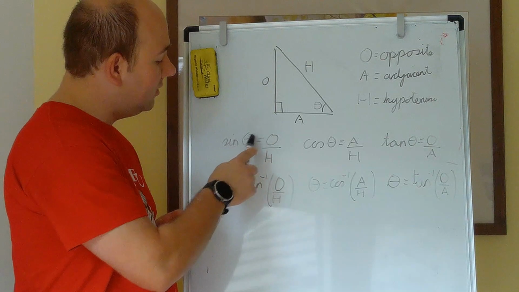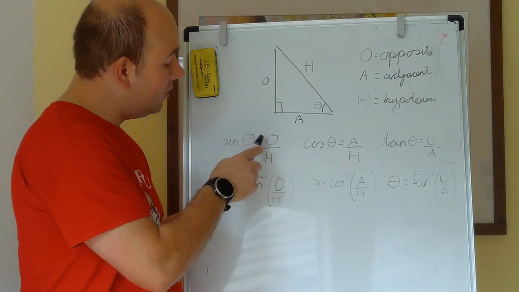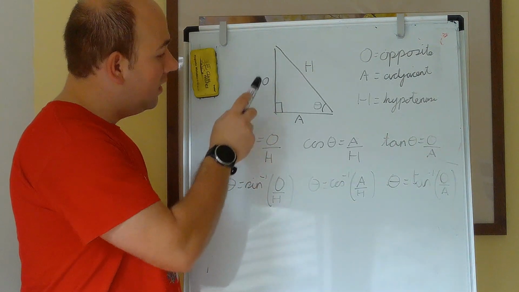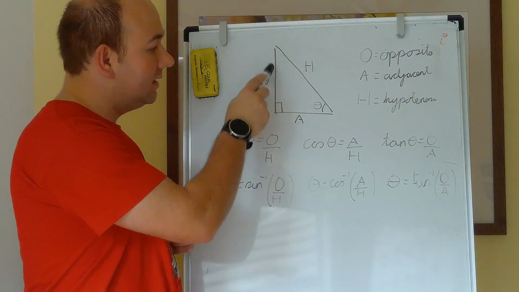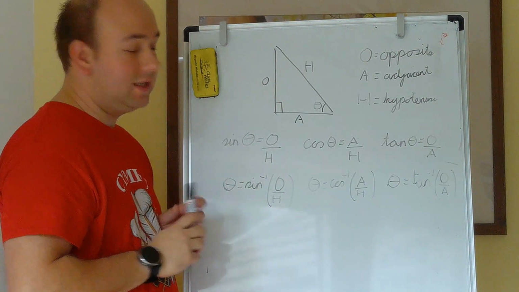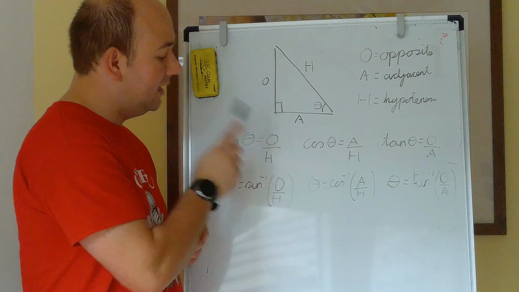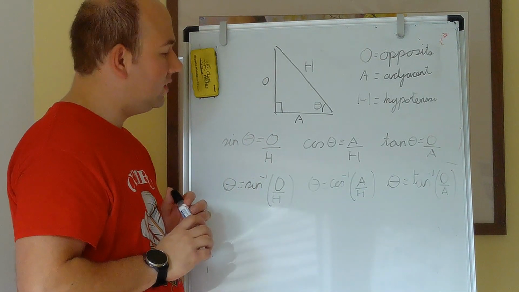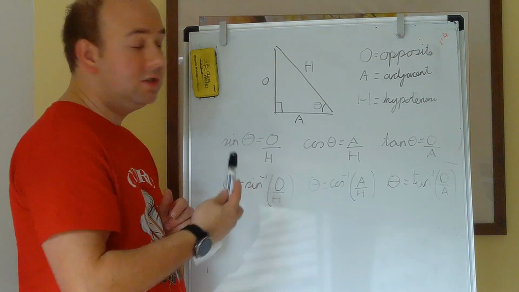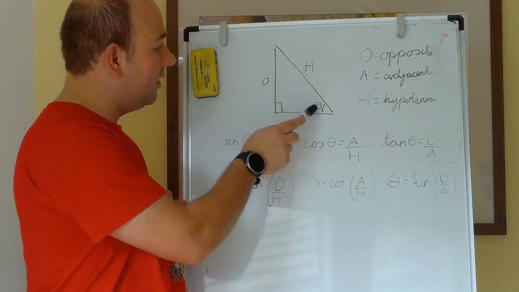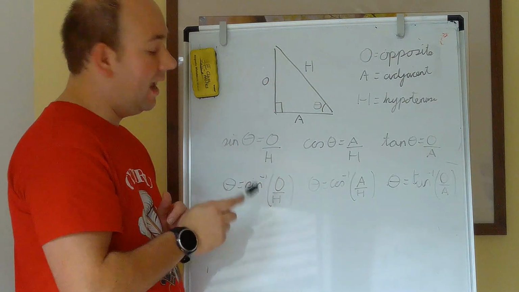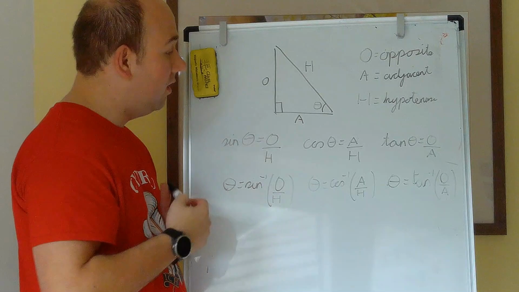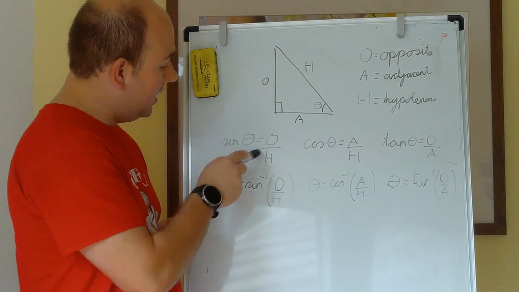And that number is equal to the length of the opposite divided by the length of the hypotenuse. So this is useful if we know the angle and either O or H, and we want to find the other.